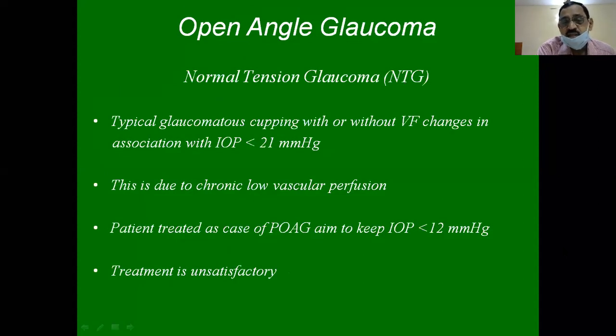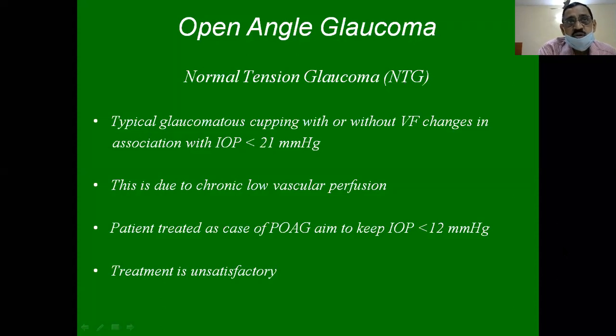And the other one is normal tension glaucoma. Here, there is typical glaucomatous cupping with or without visual field changes, usually with visual field changes, but in association with an intraocular pressure of normal range or low intraocular pressure.